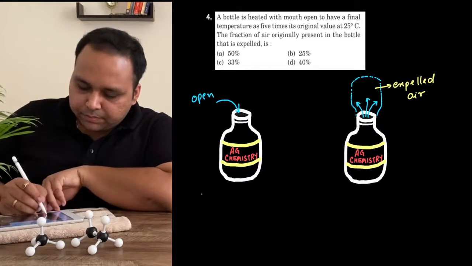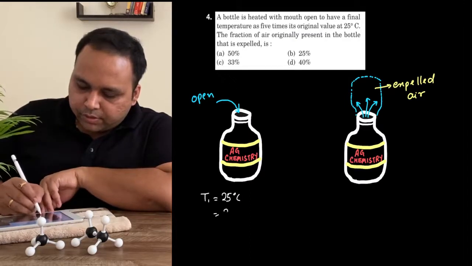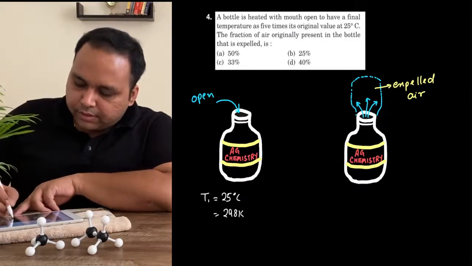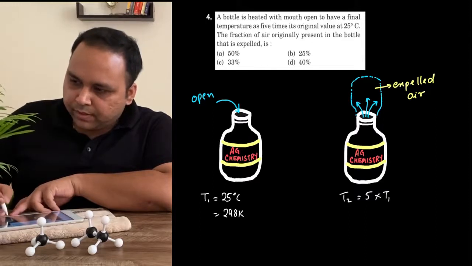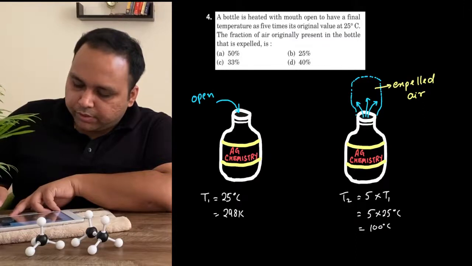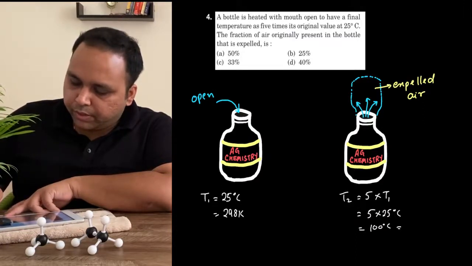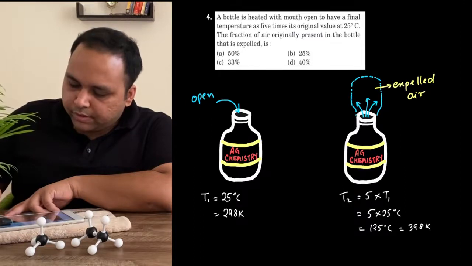So if T1 was 25 degrees Celsius, or we can say 298 Kelvin, T2 here was 5 times T1, which becomes 5 into 25 degrees Celsius, which is 125 degrees Celsius, and we convert it into Kelvin. This comes out to be 398 Kelvin.